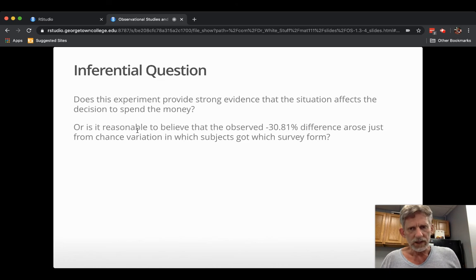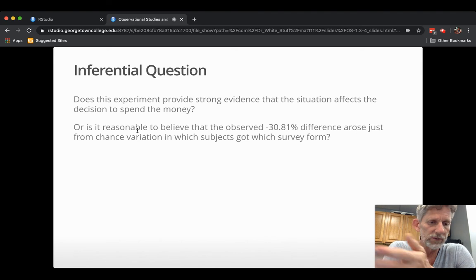So I'm wondering, does this experiment provide strong evidence that the situation a person is put in has an effect on their decision to spend the money? Or is it just reasonable to believe that this 30.81% difference just arose from chance variation in which subjects got which survey form?